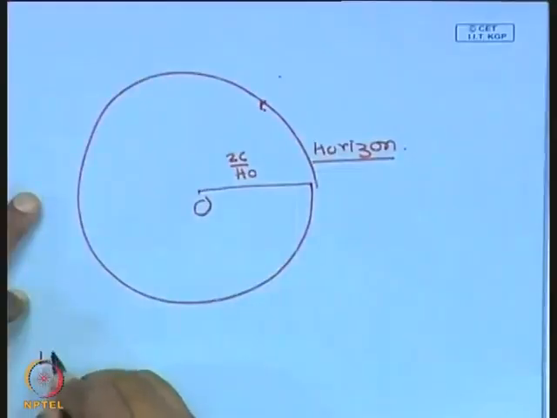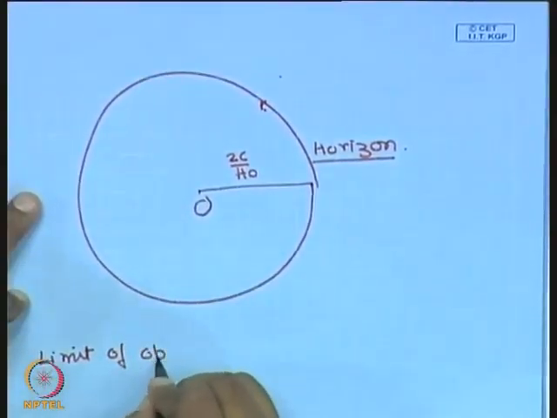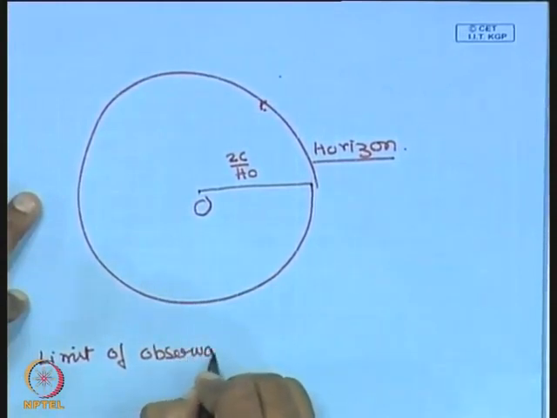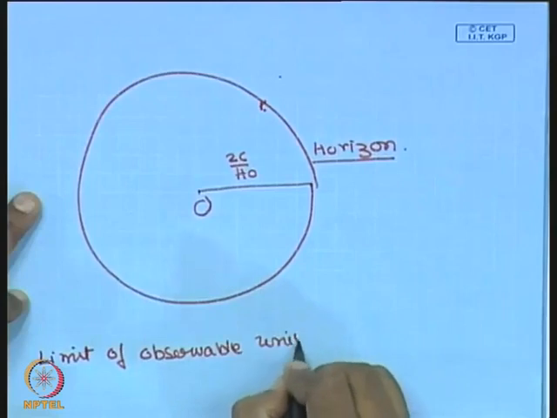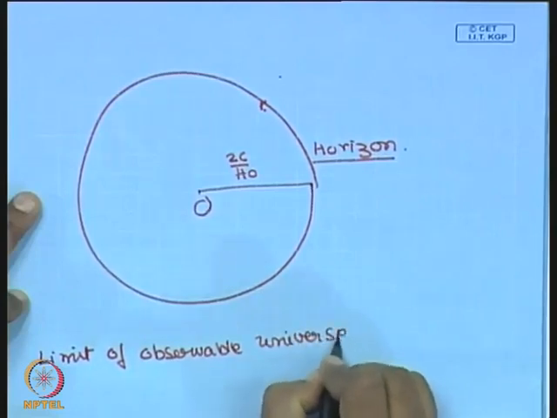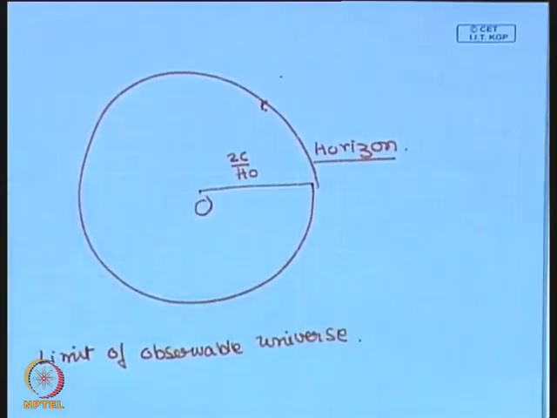Okay, so this is the limit of the observable universe. I cannot at present see any part of the universe bigger than this. In the past that would have been smaller.